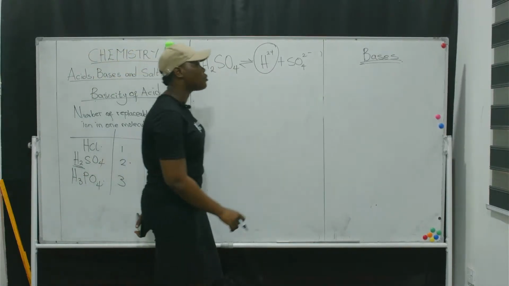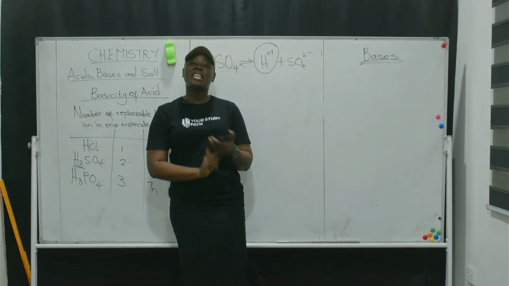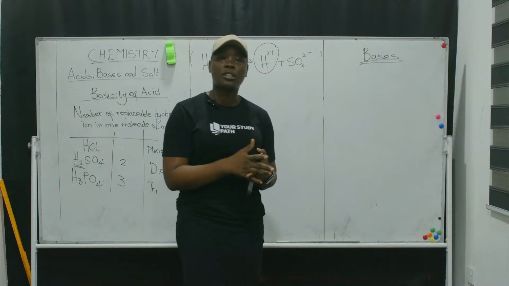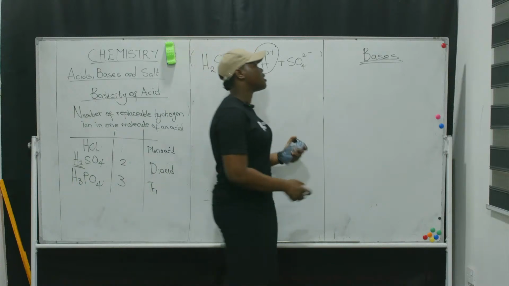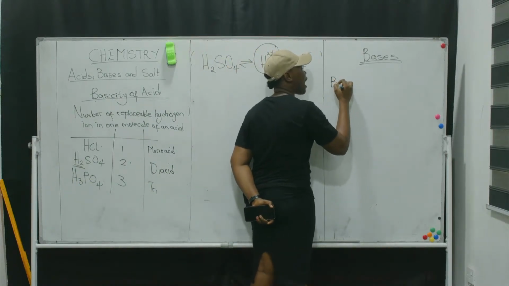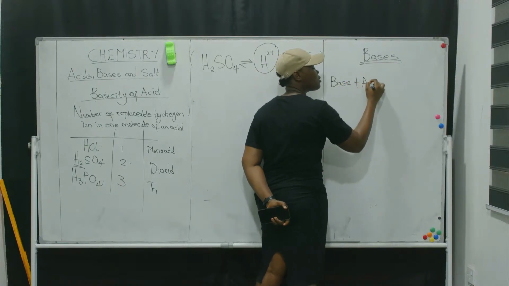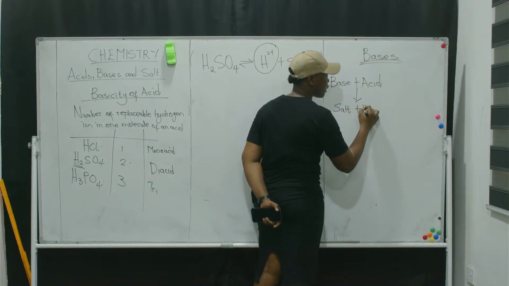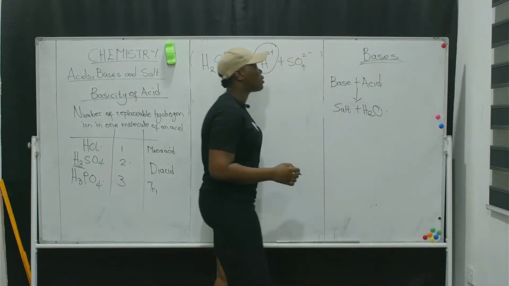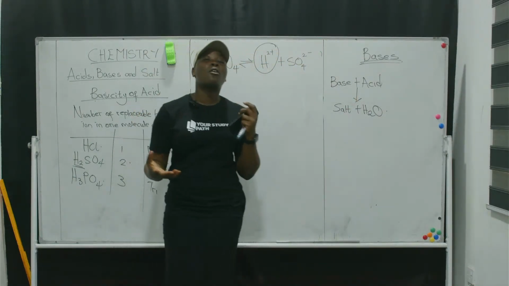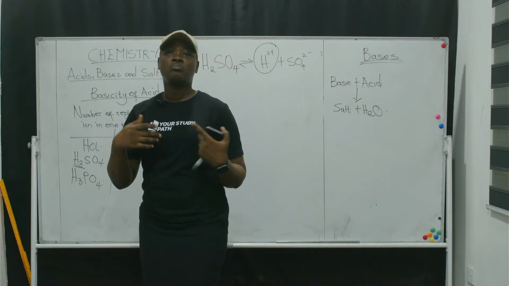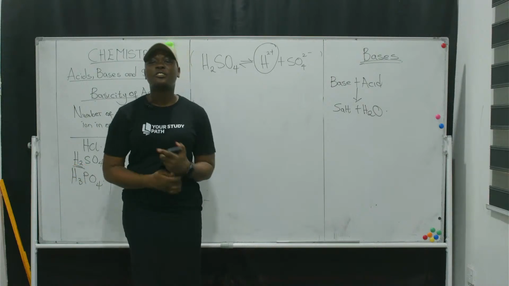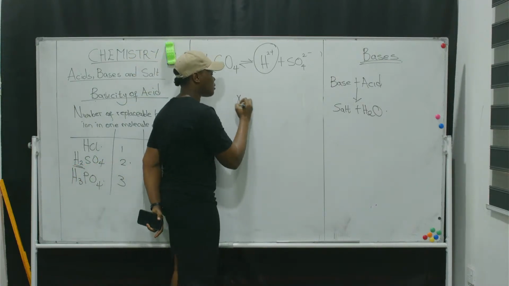Okay, so we can move to base. Base is basically that substance that neutralizes acid to give salt and water. Base is that substance that reacts with acid to give salt and water. I'm sure you would have heard when someone complains about heartburn or indigestion, you hear them say, oh, use antacid.